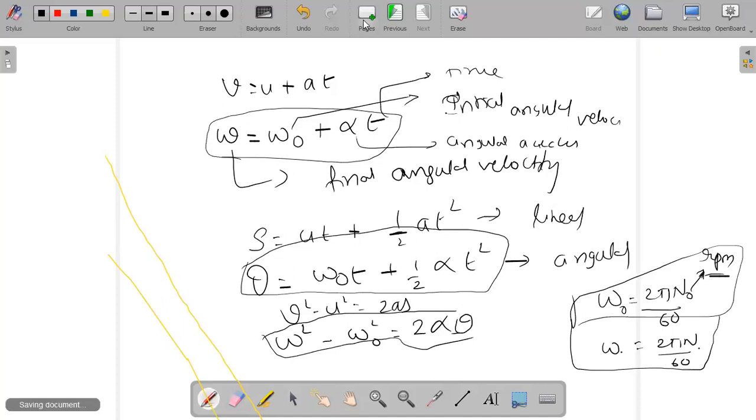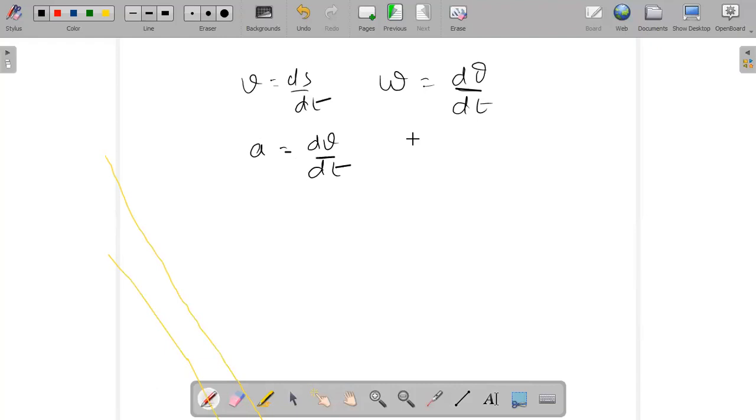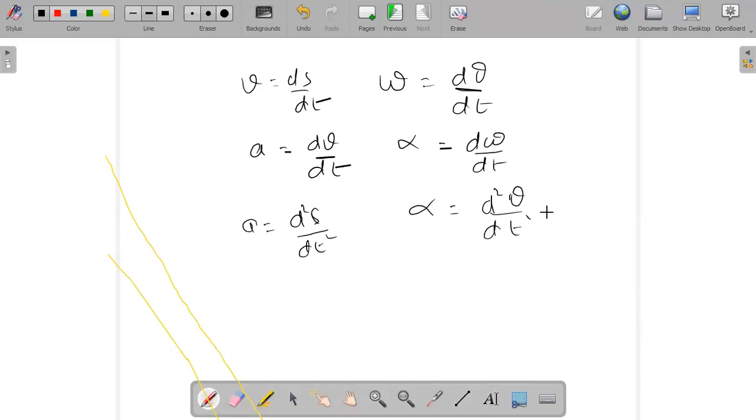Similarly, we have also seen that velocity v is equal to ds by dt. Here omega will be d theta by dt. Similarly, acceleration a is equal to dv by dt. Here alpha is equal to d omega by dt. Another relation is d square s by dt square, and here alpha is equal to d square theta by dt square.